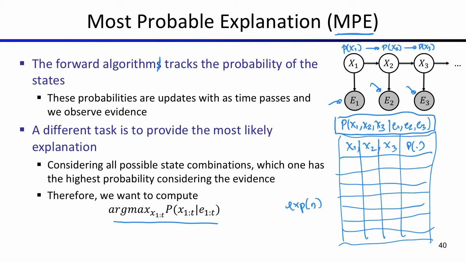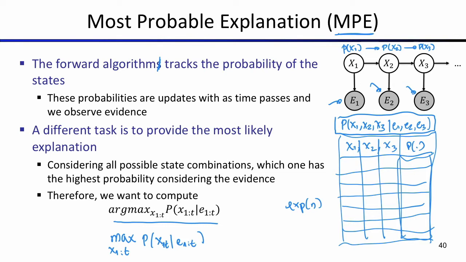So there's going to be a variation of this. This is actually the max over x1 to t, for all time steps, of the probability of x1 to t given evidence 1 to t, right? So this is the maximum one. So basically it's looking here and seeing what is the maximum value.